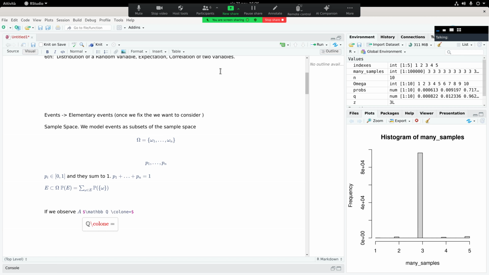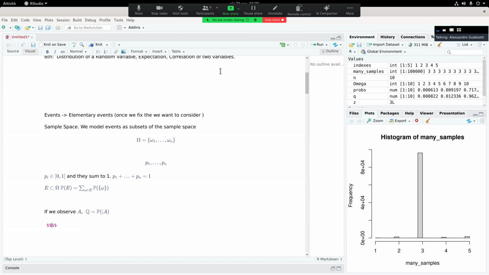It is usually denoted with the symbol P with a vertical bar A, and is defined in the way you would like to have. So simply it is defined in this way.